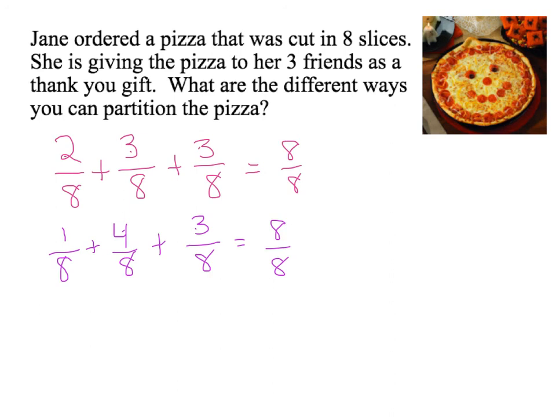Let's look at another way she can break apart the pizza for her 3 friends. She can give one of her friends 5/8 of the pizza, another one of her friends 2/8 of the pizza, and another one of her friends 1/8 of the pizza. 5 plus 2 is 7, plus 1 is 8. It's again a total of 8/8, which is the whole pizza.